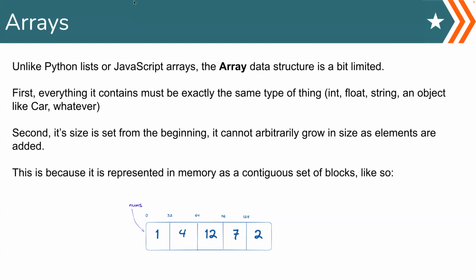And the reason that we have to set an array its size is because the computer memory makes sure that the stuff in an array is actually right next to each other.